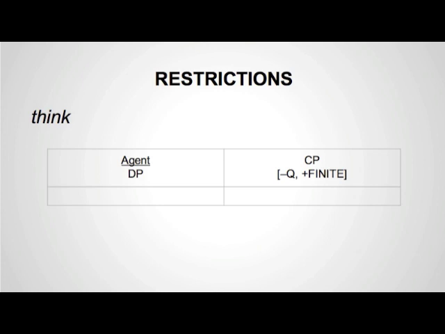So let's use the verb think. In this kind of sentence, I think that he wants more juice. The grid requires that the argument of think is marked as a DP, right? And it bears the theta role agent.